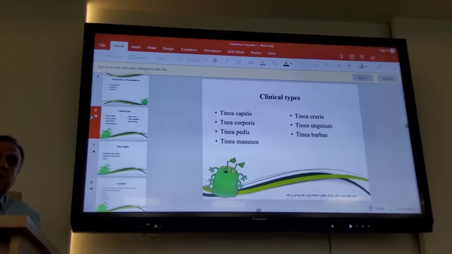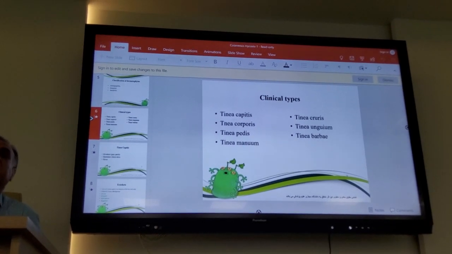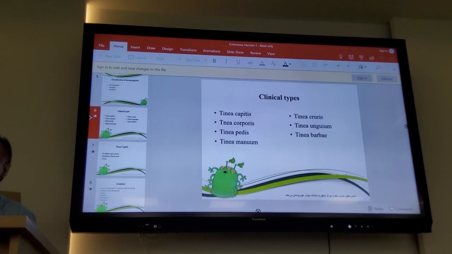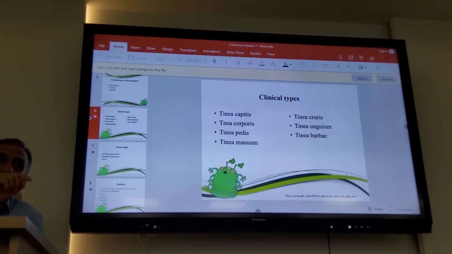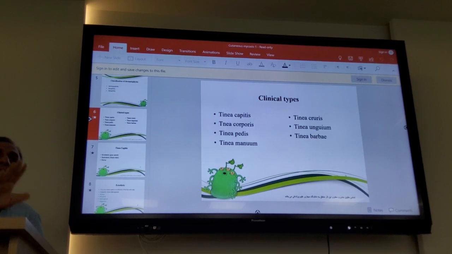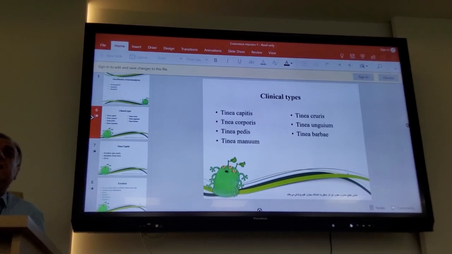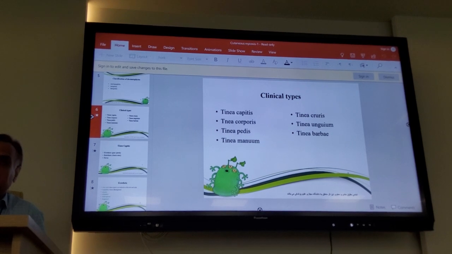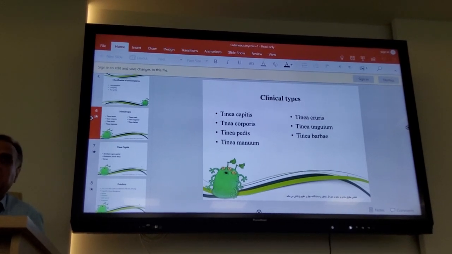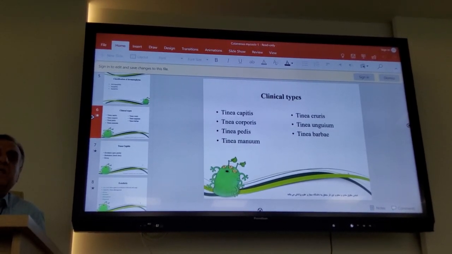When the etiologic species or genus of the fungus is not detected, you can use onychomycosis. But when you find a dermatophyte that affects the nail tissue, it is tinea unguium.